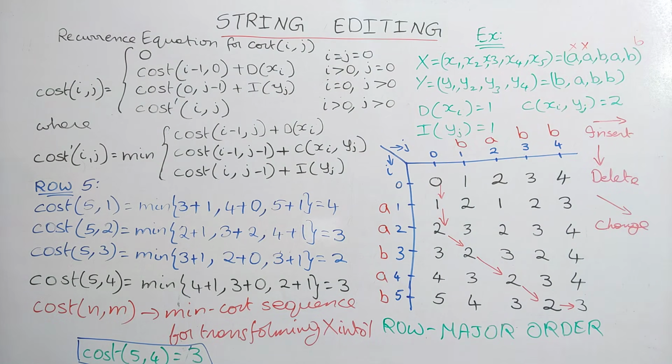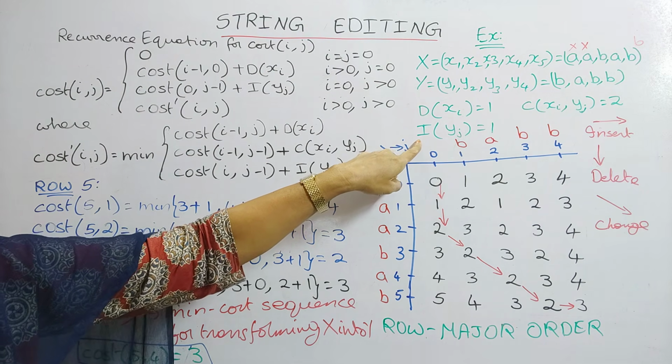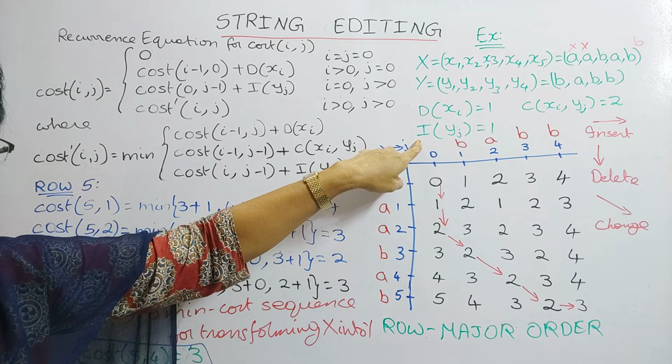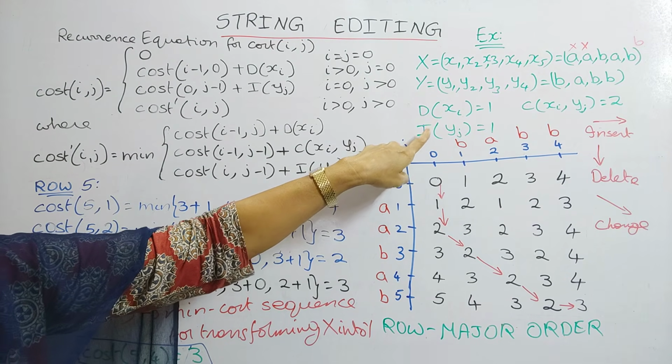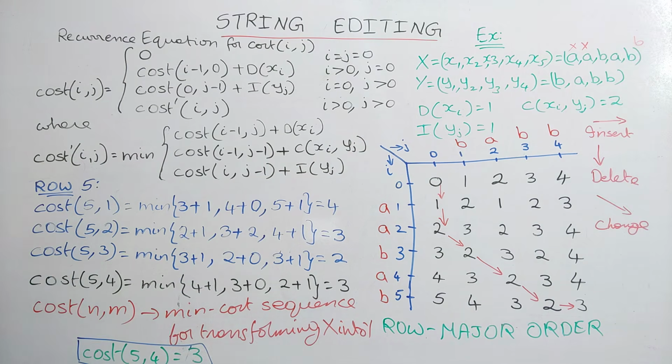So how many operations have been done? 3 operations: 2 delete operations and 1 insert operation. Here both insert and delete operations cost 1. So it is 3 operations, so that's why you got the final cost as 3, and this is the optimal solution for this particular problem.